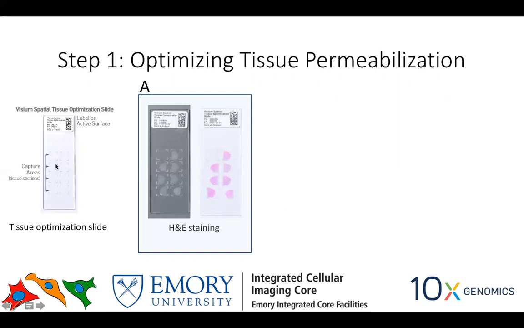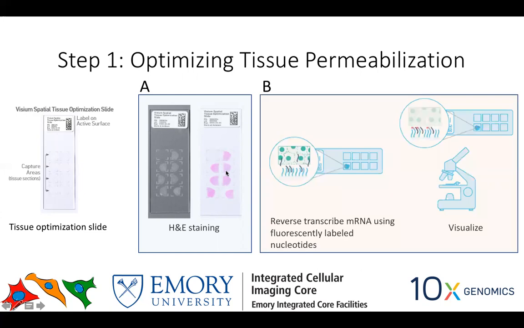So for the tissue optimization slide, this is how the slide looks on the left. These are the capture areas that you have. One of the capture areas is your negative control. The second capture area is your positive control. And you have these other 6 capture areas on which you will also have your tissue. We will do an H&E stain and then image, to make sure that the tissue integrity is perfectly fine.